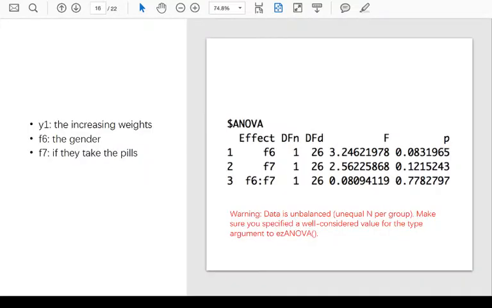Here I use ANOVA to analyze some nominal variables, comparing different groups' contributions to the outcomes. But that doesn't mean we can only use ANOVA to analyze those kinds of data.